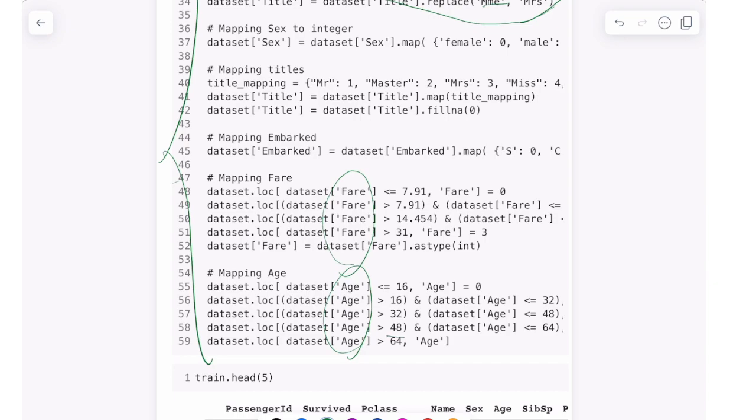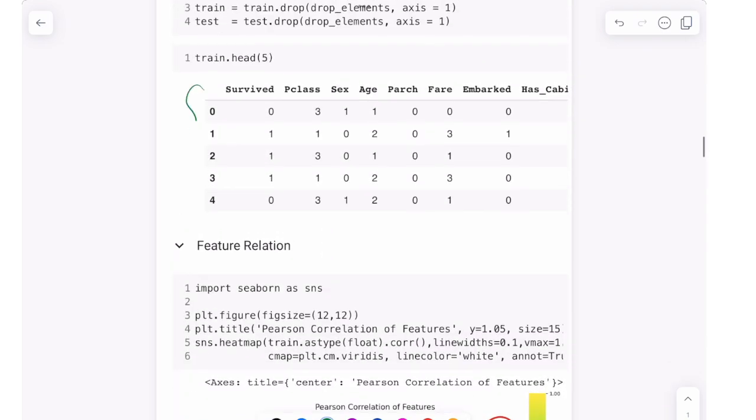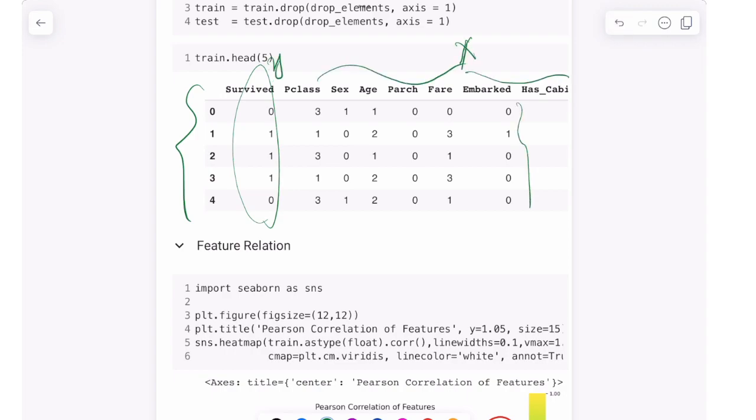So we have several different groups, for example, less than 16, between 16 and 32, and so on. It really depends on you how to do feature engineering. After that, I have a new table: that is the x, that is the y target, and I make them all numeric.